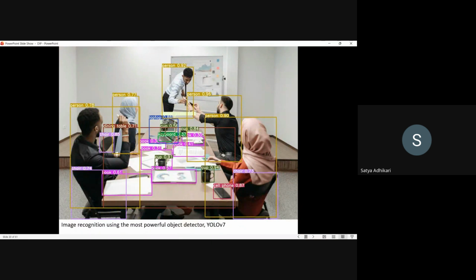You see they are the same color. Suppose the person has one color, and you see the box. So rectangular boxes are drawn.